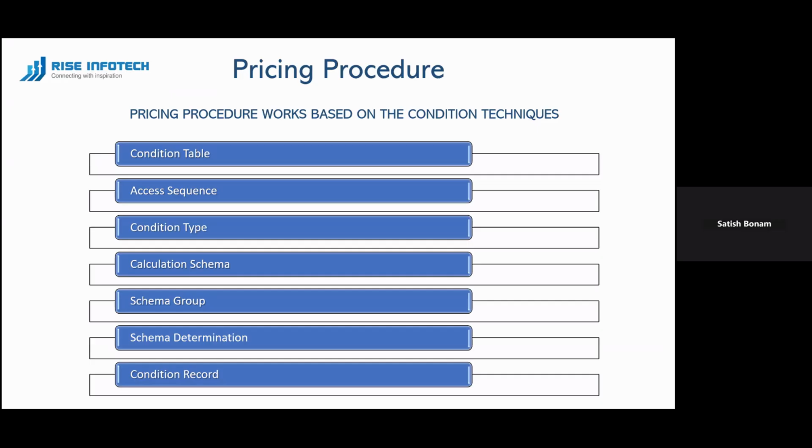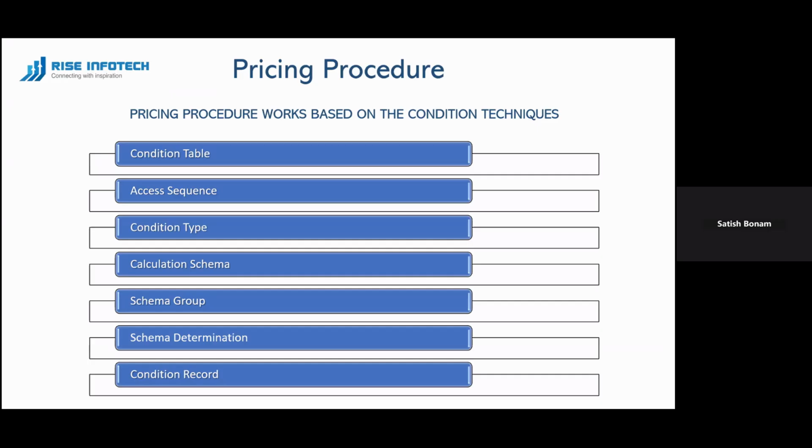Schema group vendor is assigned in a vendor master. This is master data maintenance. Schema group purchase organization is assigned in a purchase organization. This is a configuration. And the next one is schema determination.